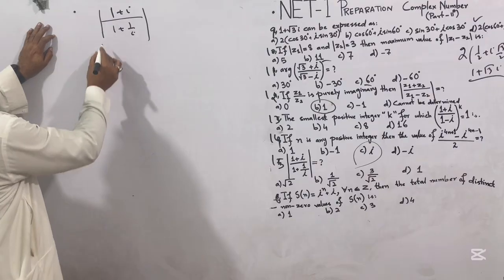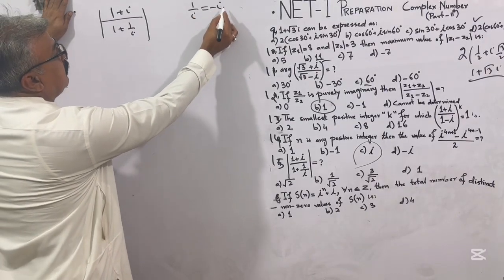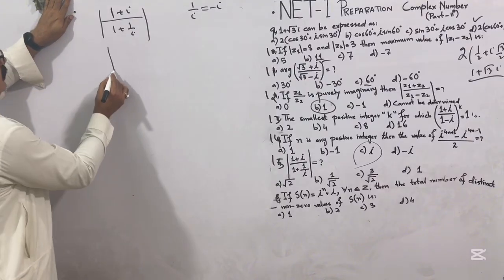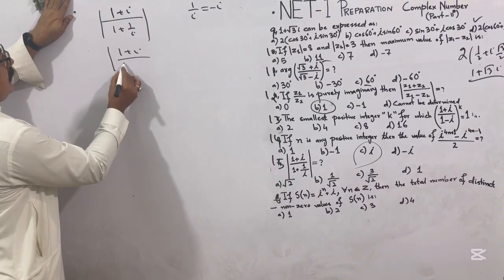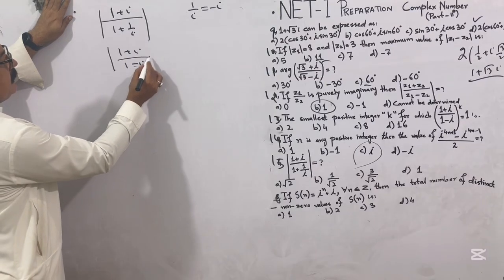Okay, we are familiar, 1 over iota is equal to minus iota. Wonderful. So 1 plus 1 upon iota can be written as 1 minus iota.